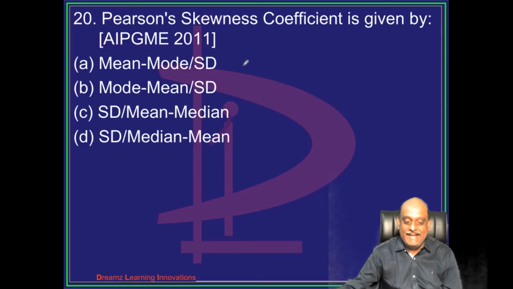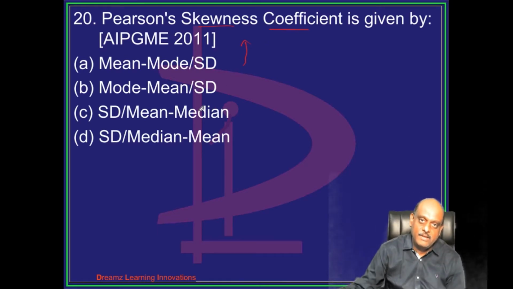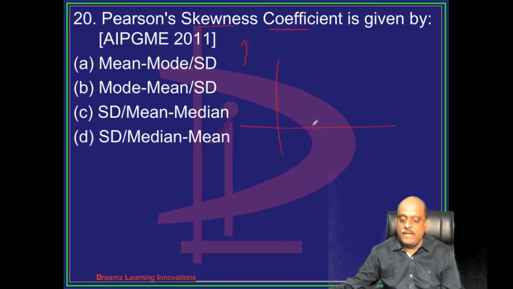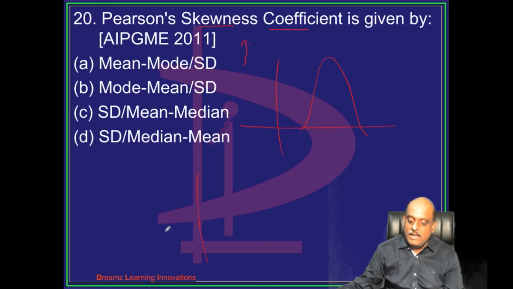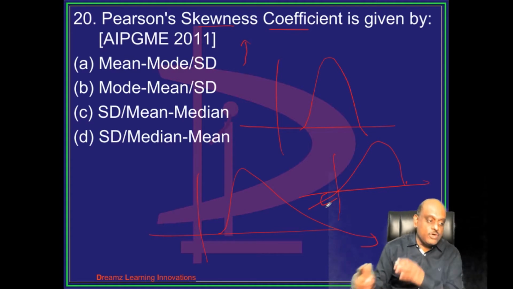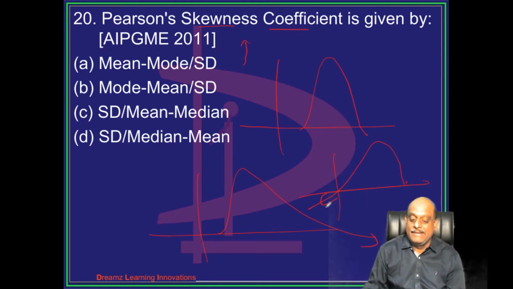New things have come. Pearson's skewness coefficient is given by. What is skew? See doctor, this is the bell distribution curve of values. Sometimes there can be extreme values on this side, or extreme values on this side. That's called skewing of data because of extreme values.